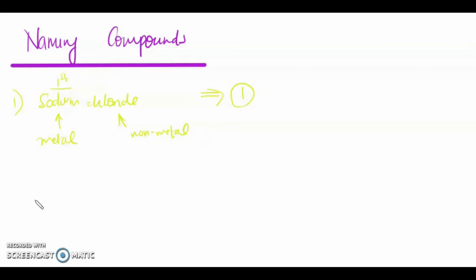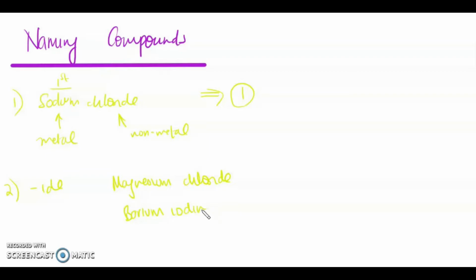Secondly, if two elements react to form a compound, the name often ends with "ide," right? We have also gone through this. For example, let's look at magnesium chloride or barium iodide.